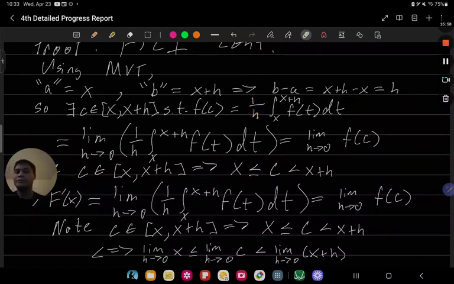Boom. Okay. And there is a c between x and x plus h, where if I take f of c, I get our operand of our limit. Okay, and that really all just means that we can plug in f of c in the place of our operand here, the place of our integral.